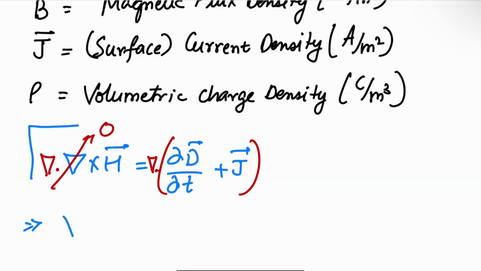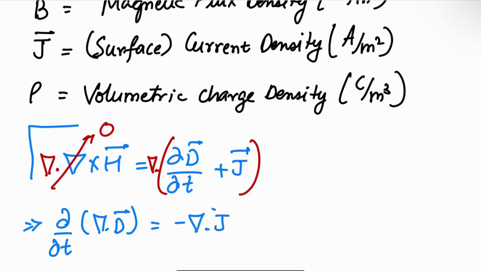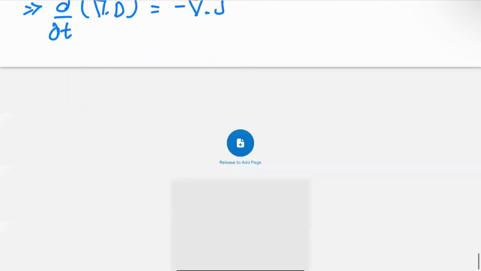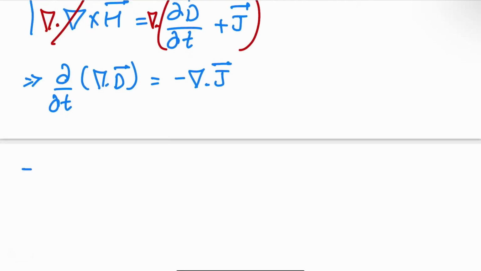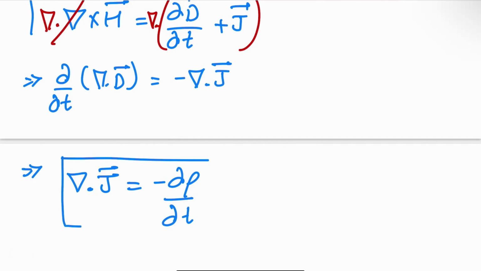And what does that give me? That means d/dt of the divergence of D is equal to minus the divergence of J, right? We know that the divergence of D is nothing but rho, right? So we get that divergence of J is minus d rho over dt. And this is a form of a continuity equation.